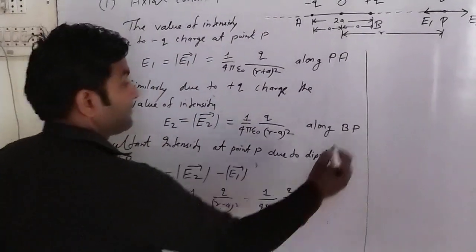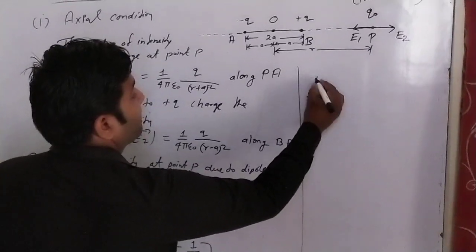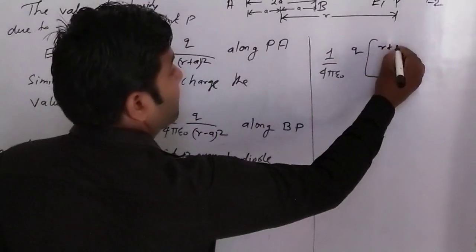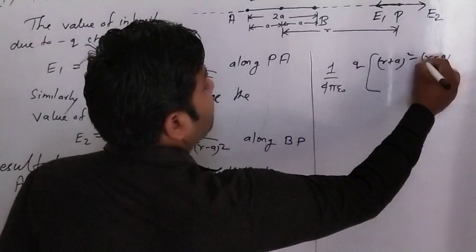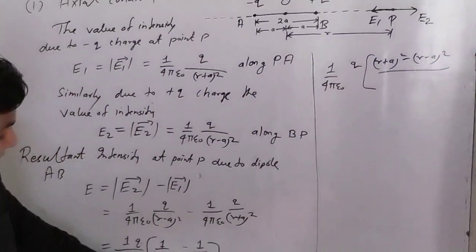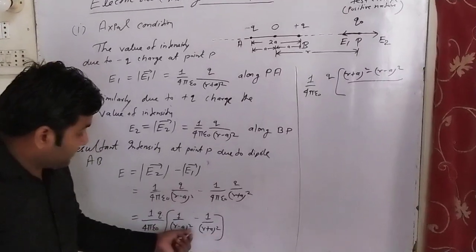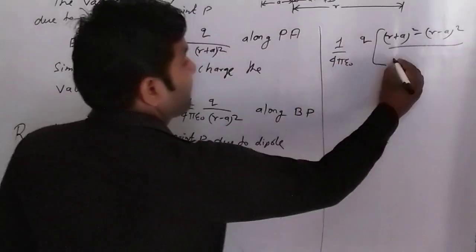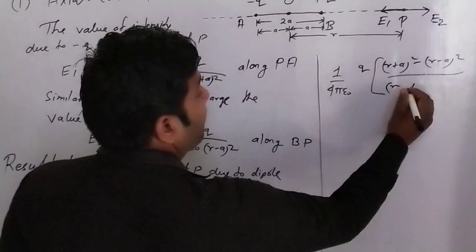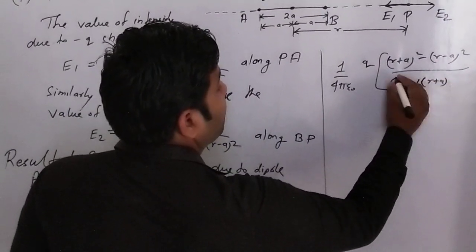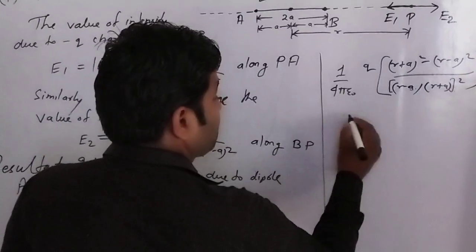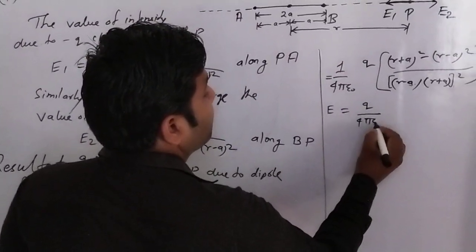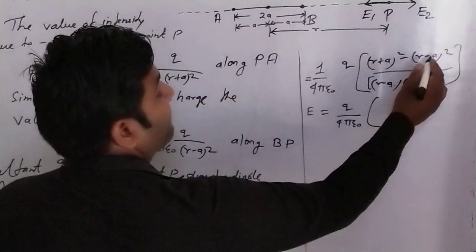The solution is 1 upon 4 pi epsilon naught q times the bracket: (R plus a) whole square minus (R minus a) whole square, over (R minus a) and (R plus a) whole square, using the identity for a minus b and a plus b. So the resultant intensity E is equal to q upon 4 pi epsilon naught, with (R plus a) whole square and (R minus a) whole square.